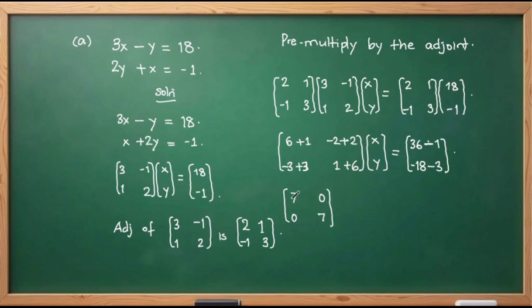Always the leading diagonal should have some number and the non-leading diagonal goes to 0 if you perform this type of operation on matrices. Let's also simplify the right hand side. The first element becomes 35, and here this one goes to negative 21.